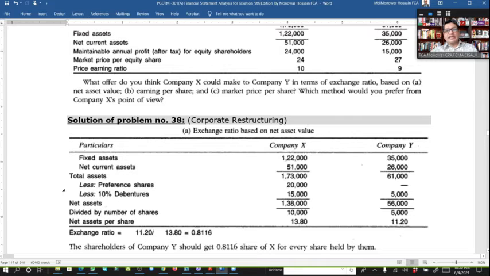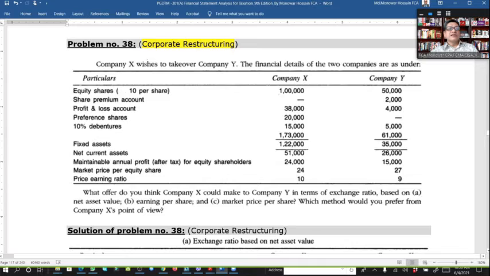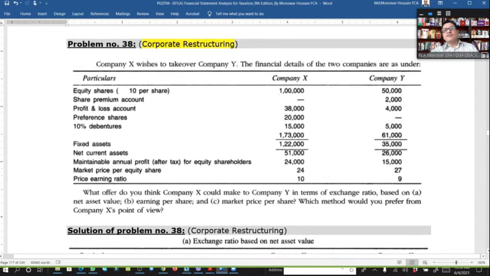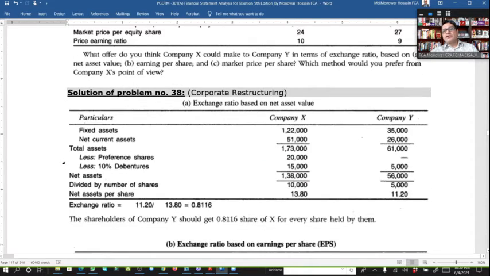Here it comes to 56,000. Now the number of shares, because it is 10 taka per share: 1 lakh divided by 10 gives 10,000, and 50,000 divided by 10 gives 5,000. So this is the number of shares.